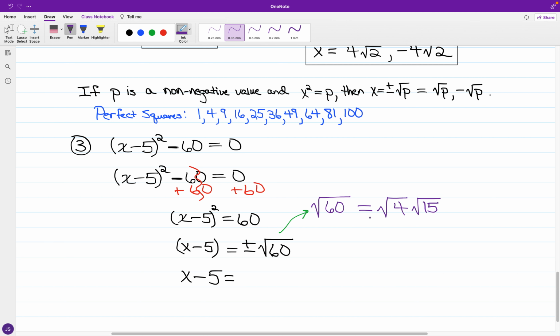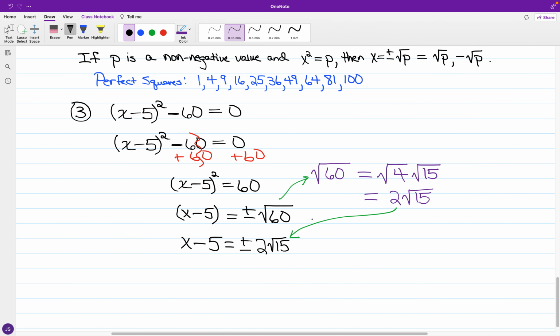So for the square root of 60, I have the square root of 4 times the square root of 15, so this will go to 2 times the square root of 15. And just putting back, x minus 5 will be plus or minus 2 times the square root of 15.